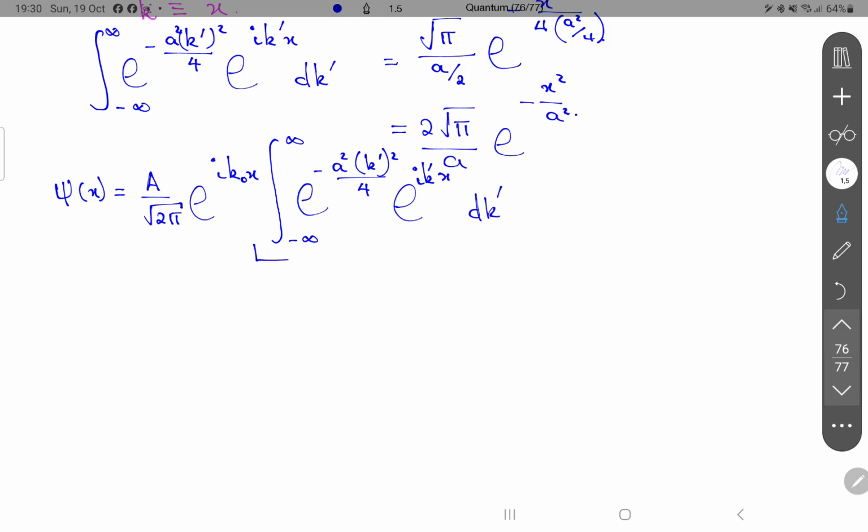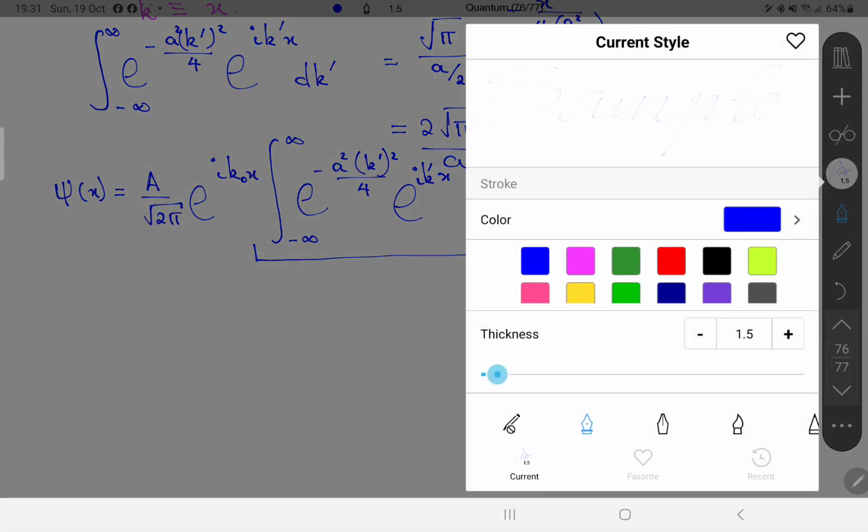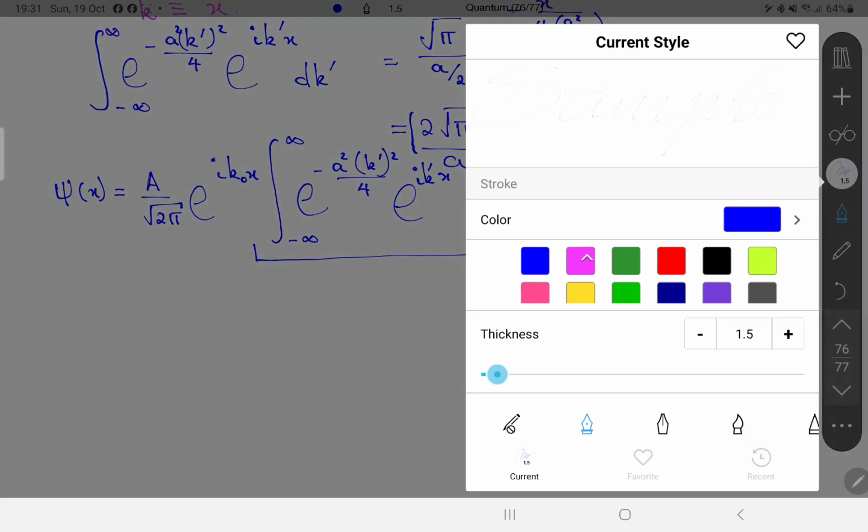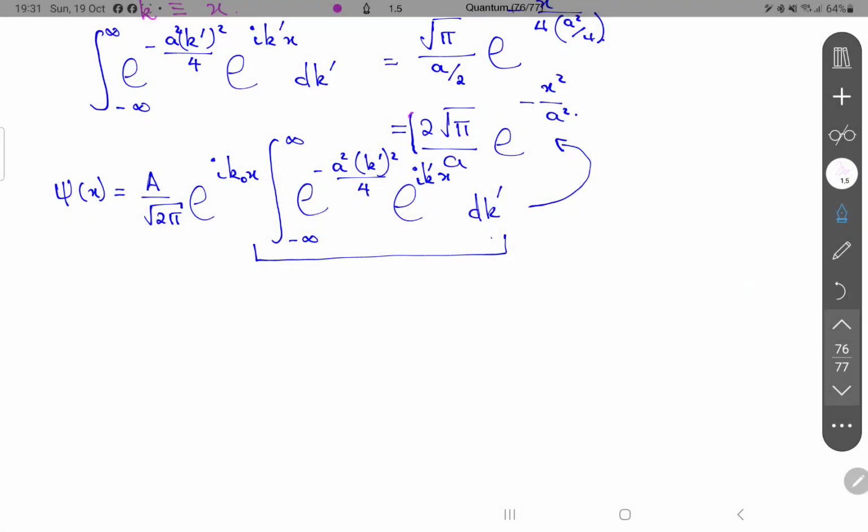And we have solved this part here. So this part, we are going to put this answer there. Let's show it differently with another color. This part here is the one we are going to put in there.